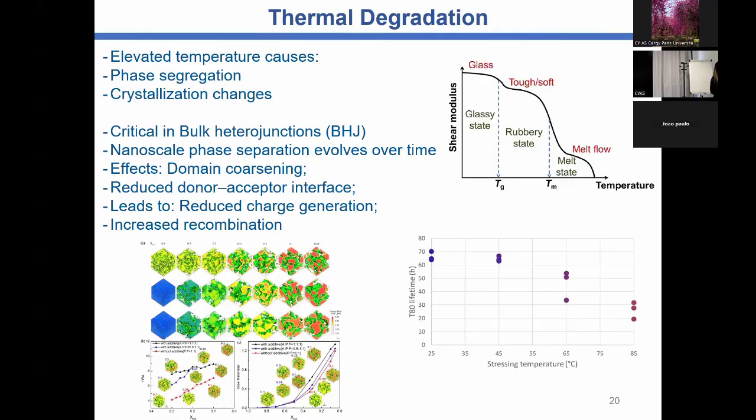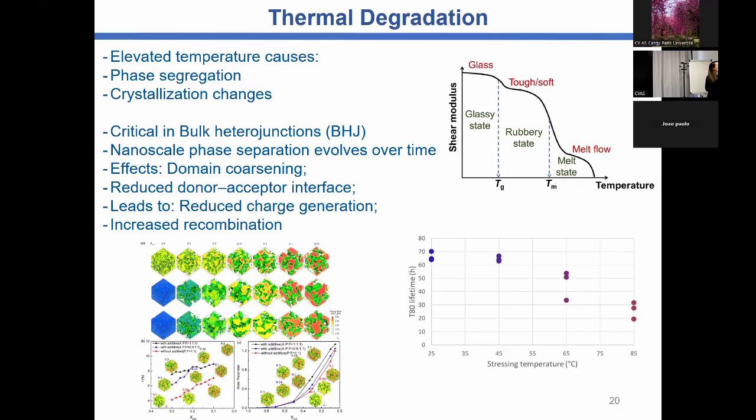Another stress that comes from degradation is thermal degradation. Sometimes we don't discuss thermal stability too much, but it's quite important for organics and other hybrid materials.